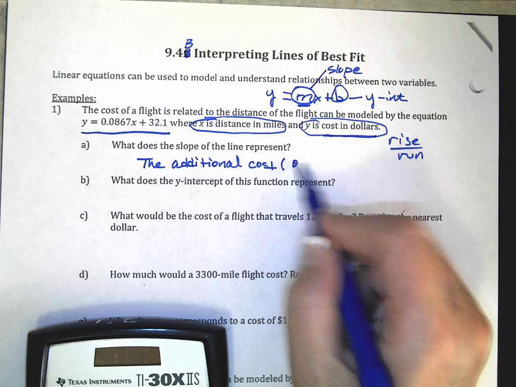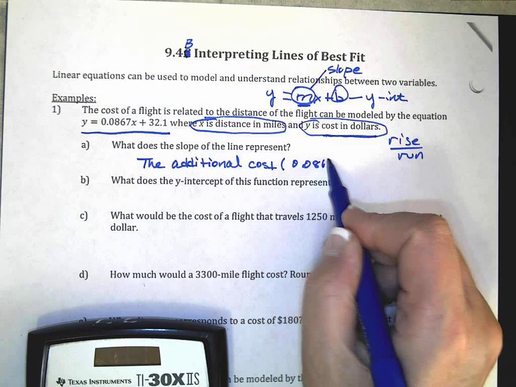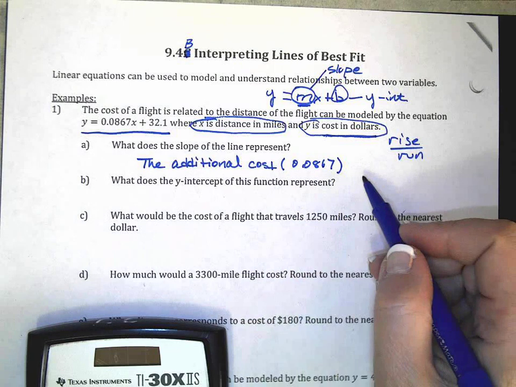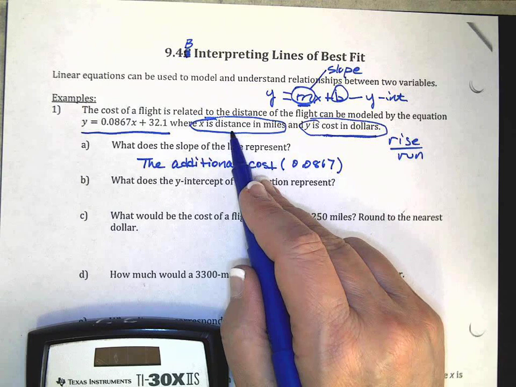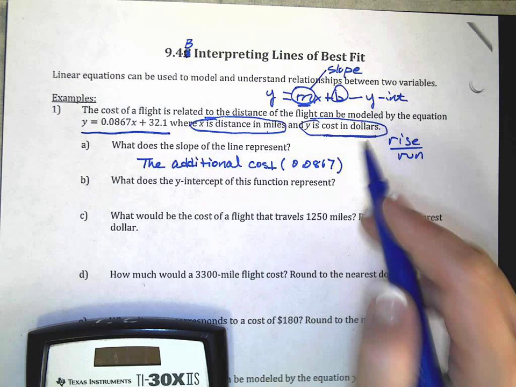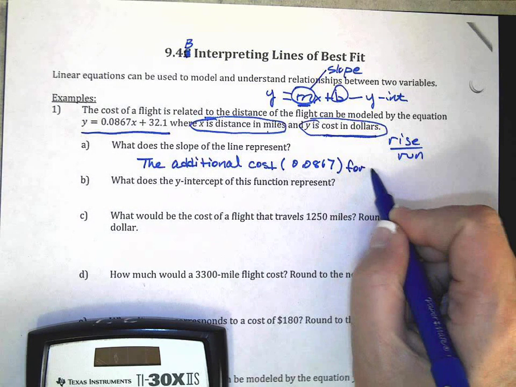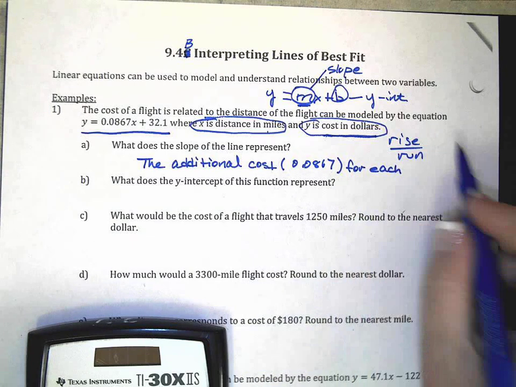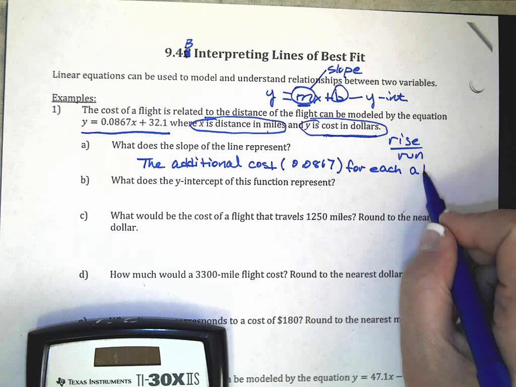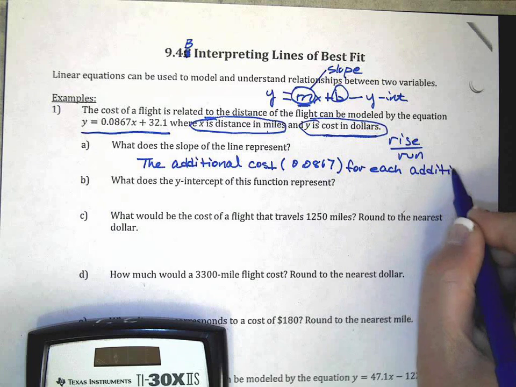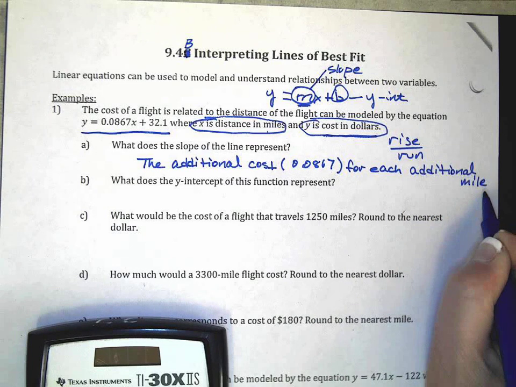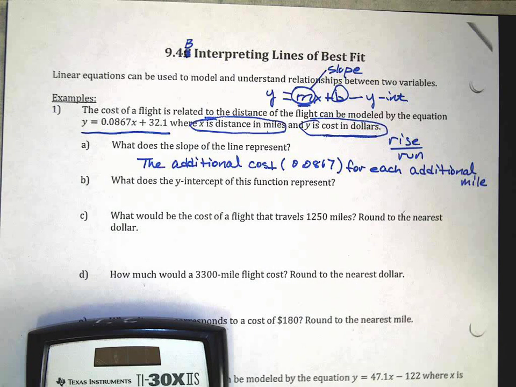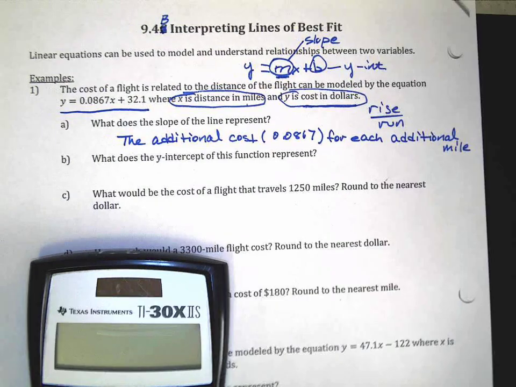So 0.0867 for each run, which is the x value, which is mile. Or for each additional mile. And we want to be as specific as we can when we are explaining what these values mean.